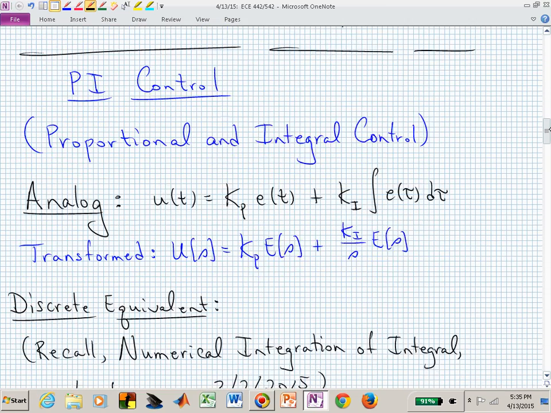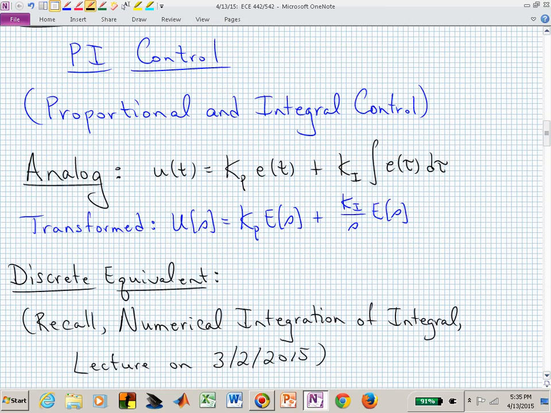Let's now look at the PI controller. And to get us thinking about what that looks like, if we examine the analog form of a PI controller, we're simply taking the present error signal, E of t, and scaling that with an adjustable parameter, K sub p, and we're taking the integral of the error signal and scaling that independent of the instantaneous error.